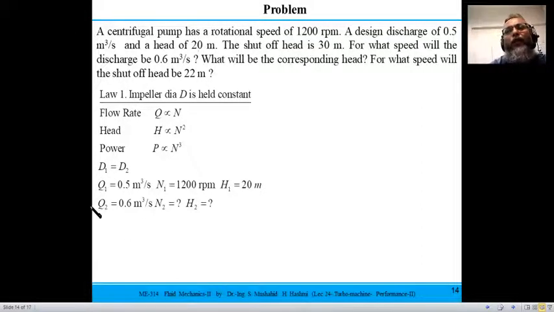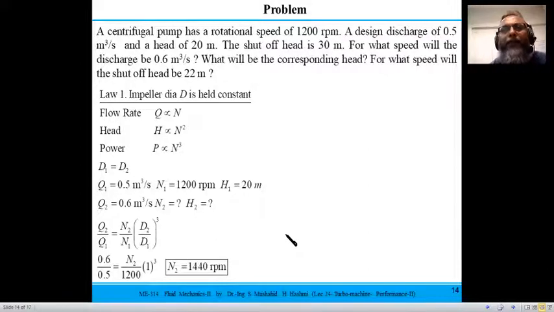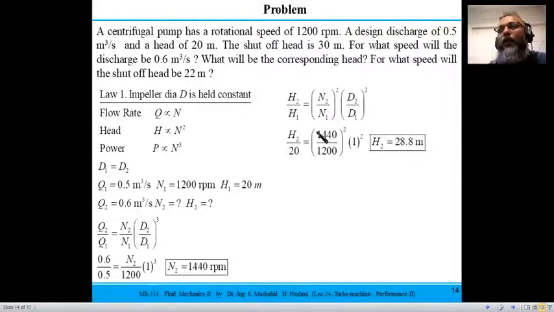You need to work out the speed and the head when your discharge changes from 0.5 to 0.6. Using those similarity relations, I can work out the speed and the head. We have done the first part, and in the second part we have additional information: the shut-off head is given.